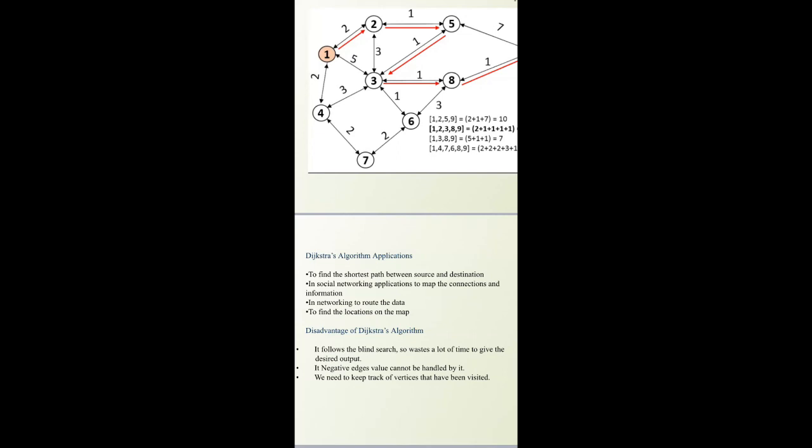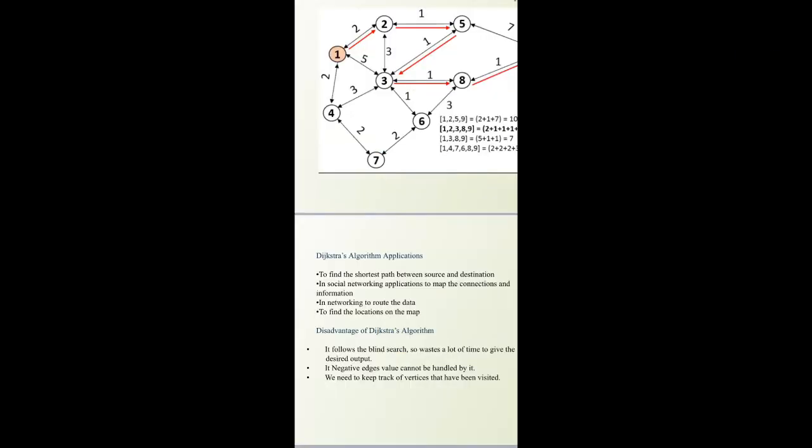Next, in social media applications, to map the connections and information; in networking, to route the data; and to find a location on the map. These are very clear applications we use in our daily life.